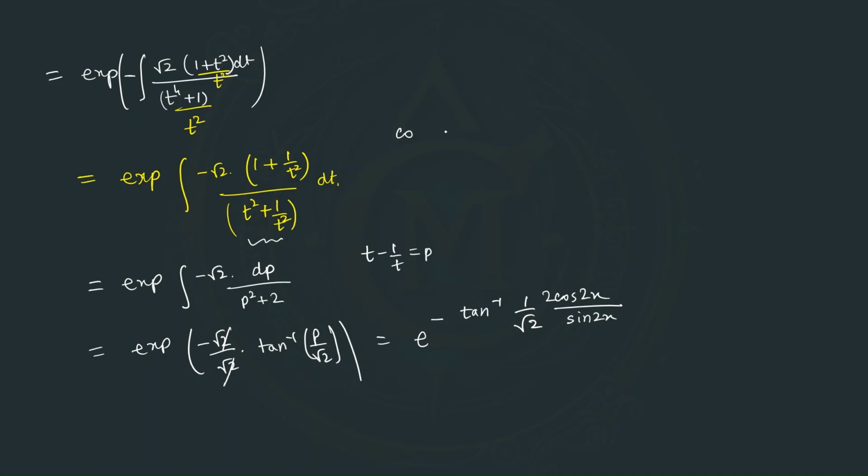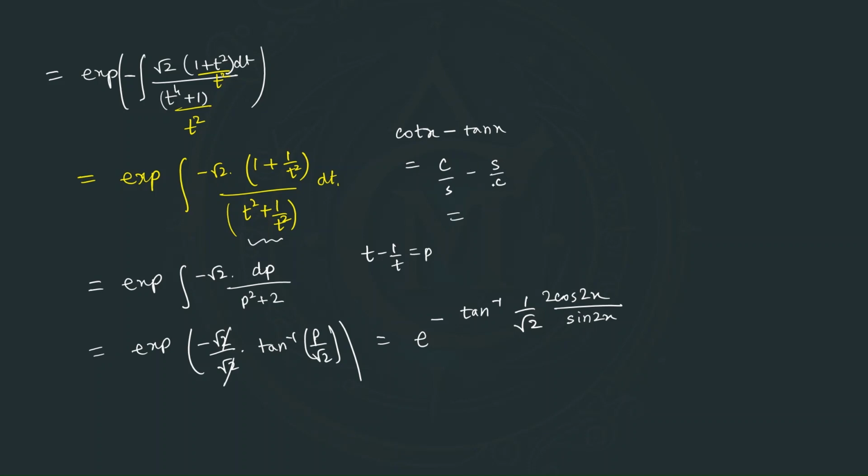Because cot x minus tan x, if we express this cot and tan in form of sine and cos, we can get cos by sine minus sine by cos. If we take the LCM, we get cos square x minus sine square x divided by sine x cos x.